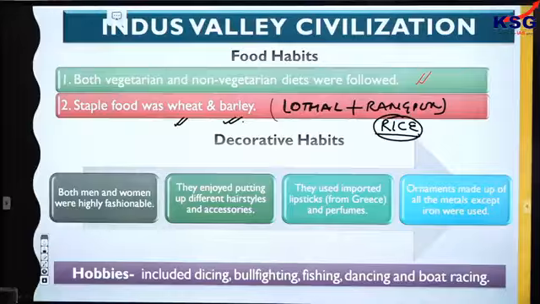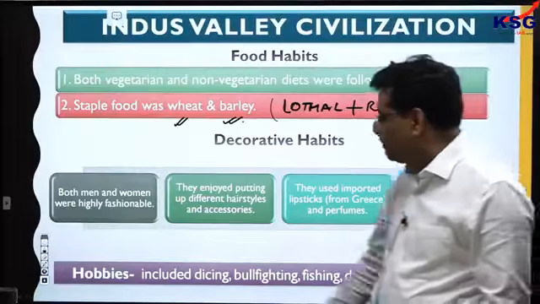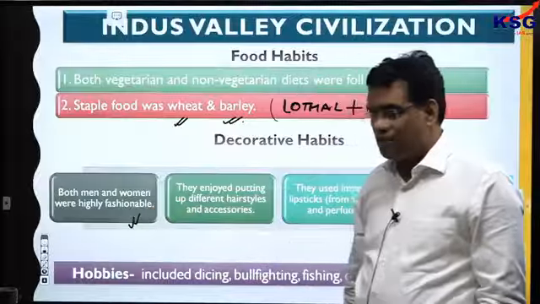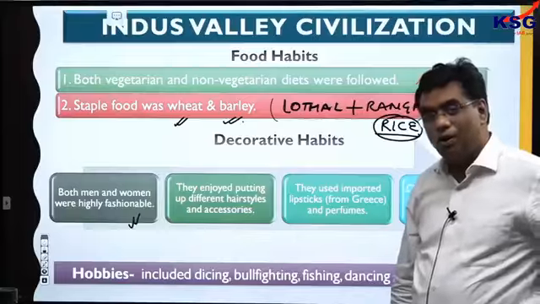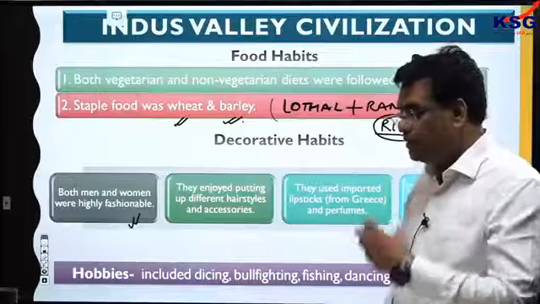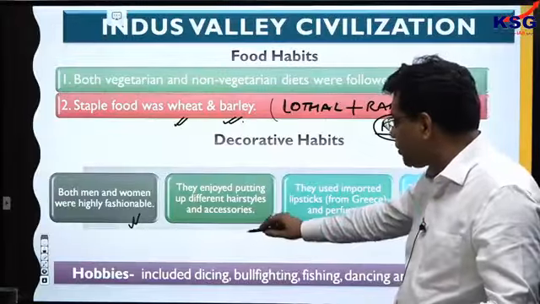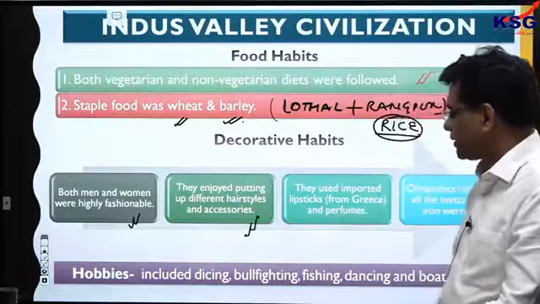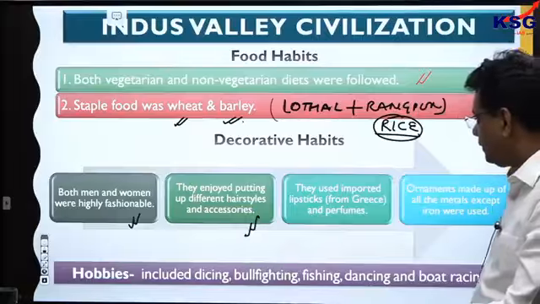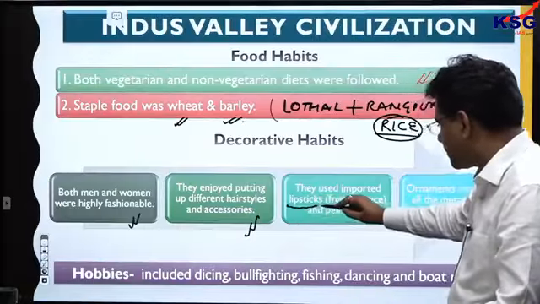Right? They were very fashionable. Both men and women were highly fashionable. I have shown you the statue of the priest, how beautifully he was decorated, with trimming of the beards. They enjoyed different hairstyles and accessories. They used to import lipsticks and perfumes from Greece.